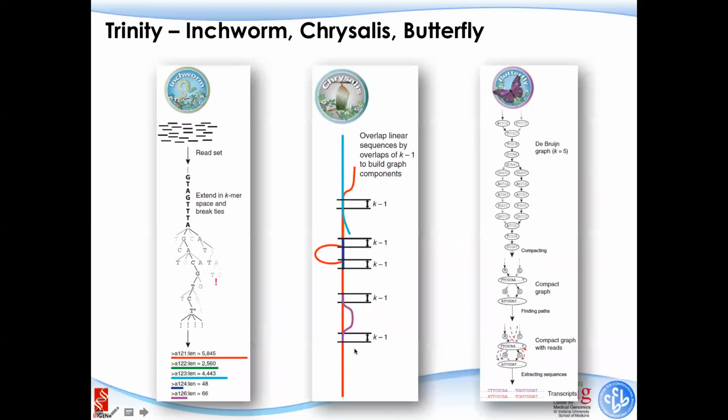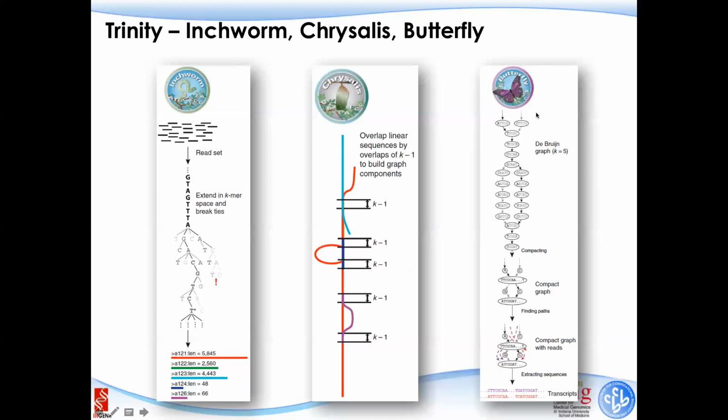We can't directly observe the real splicing isoforms, but this graph reflects them. The light blue one is one isoform, the dark blue one is one, the red one is one, and the pink one is one. After you get this figure, we do the Butterfly step.